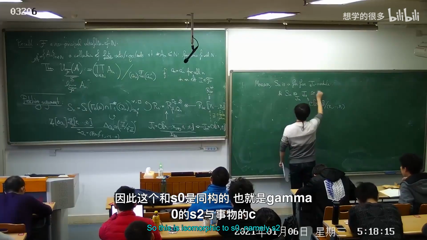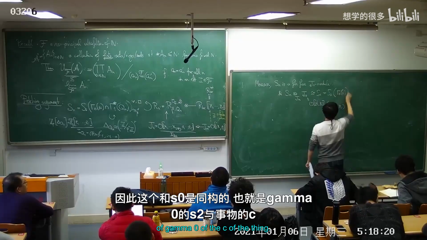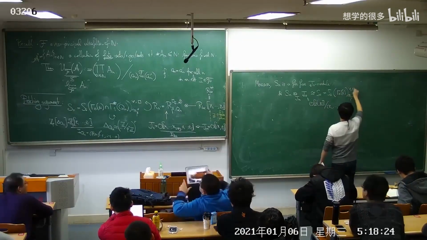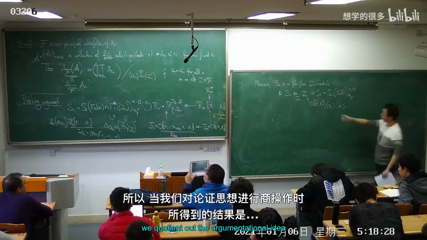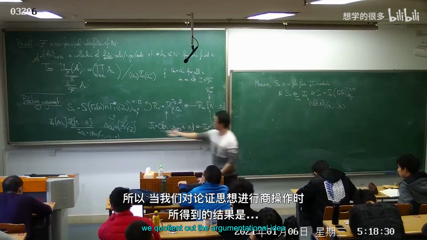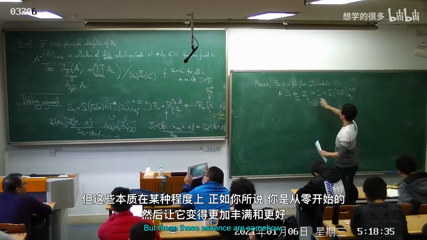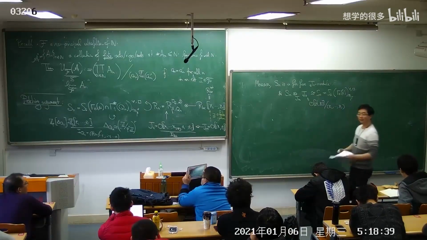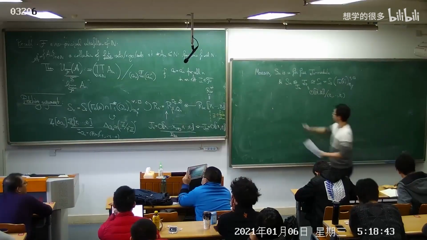So this is isomorphic to S0, namely S2 of gamma 0n of this thing. So in some sense, when you quotient out the augmentation ideal, you get back to the original one we want to study. But these Sn's are somehow, you're starting with this S0, you make it fatter, beef it up somehow.